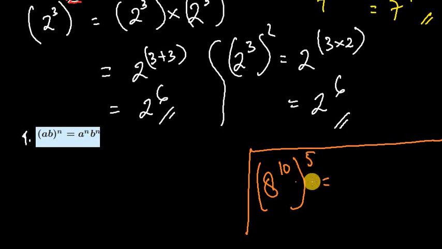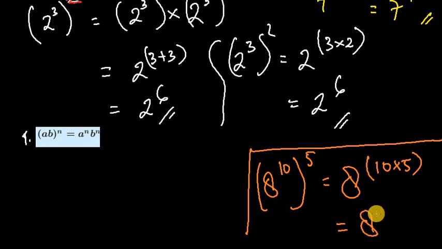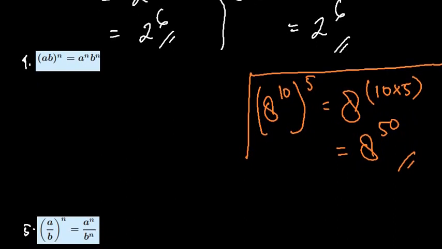This one will give us 8 to the power of 10 times 5, which is 8 to the power of 50. That's for rule number 3.